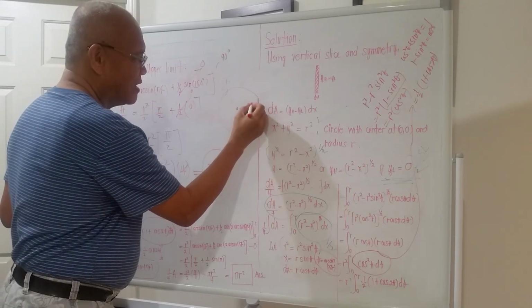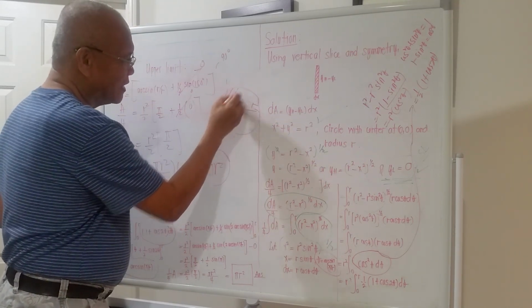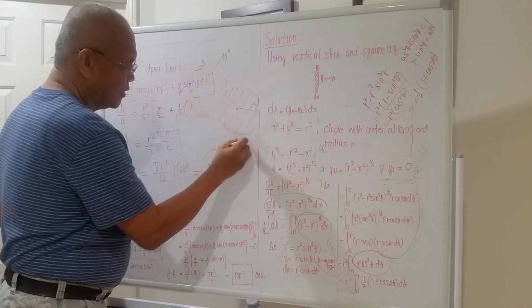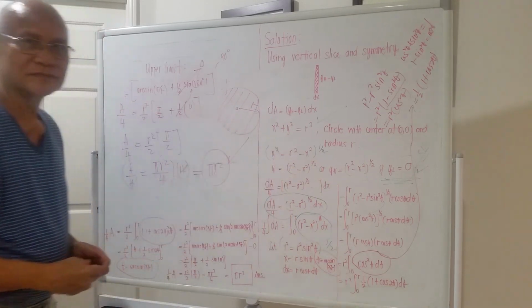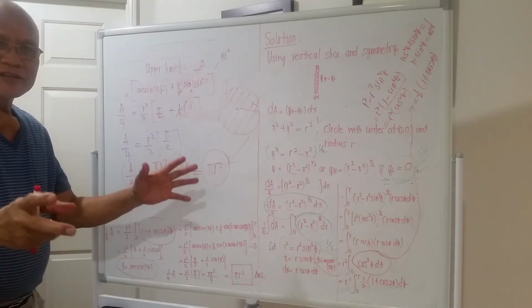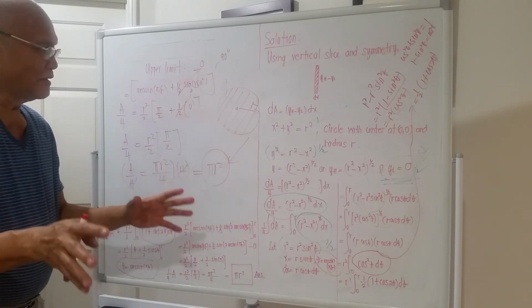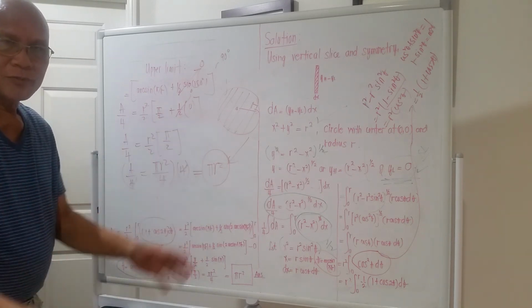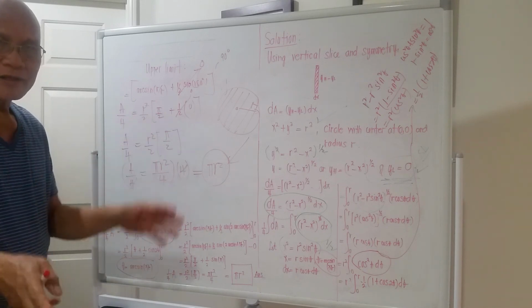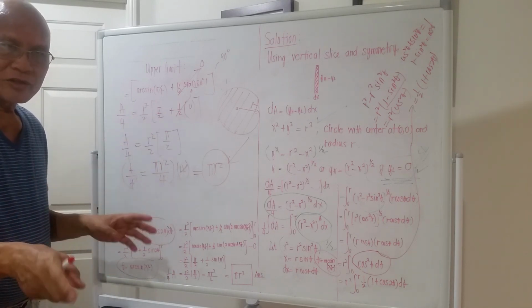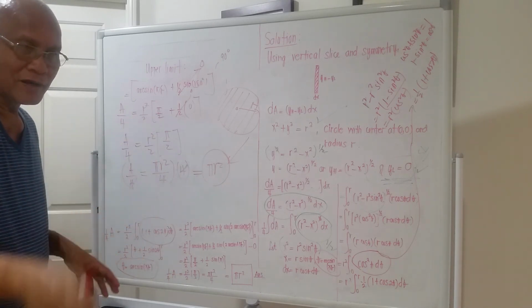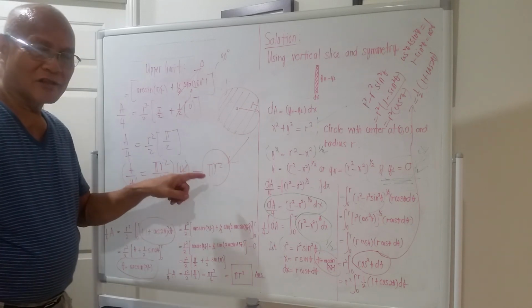If this is r, the total area will be pi r square. That's it, guys. That's the derivation of the formula for taking the area of a circle if the radius of that circle is radius r. So this is actually a general formula.